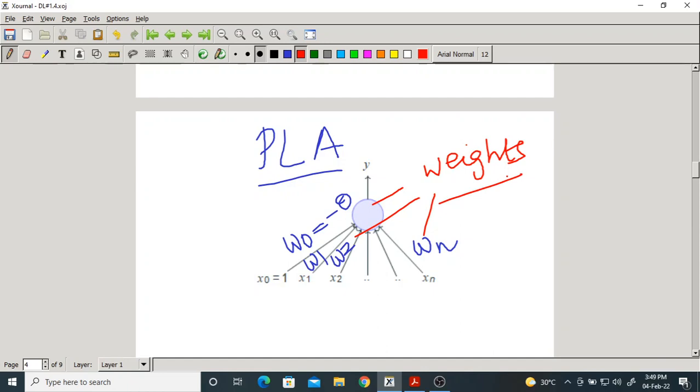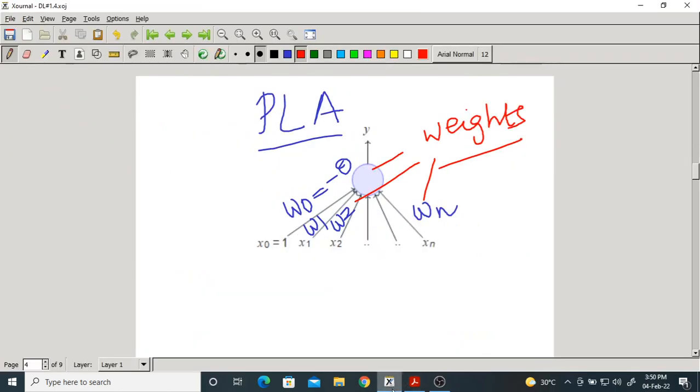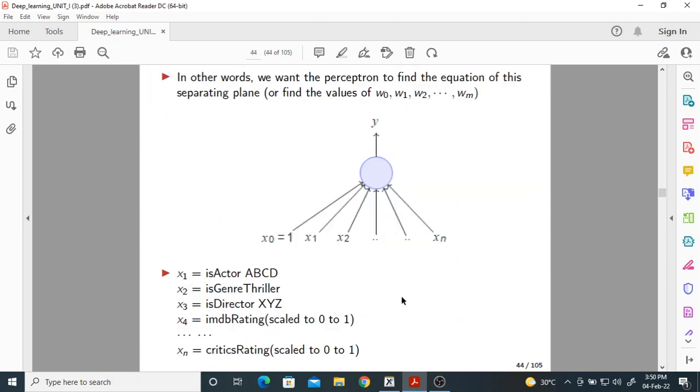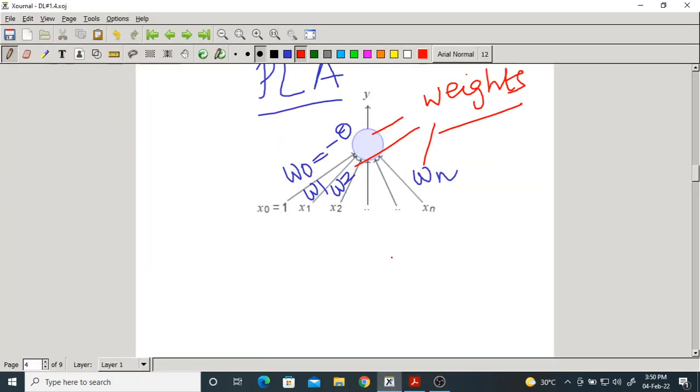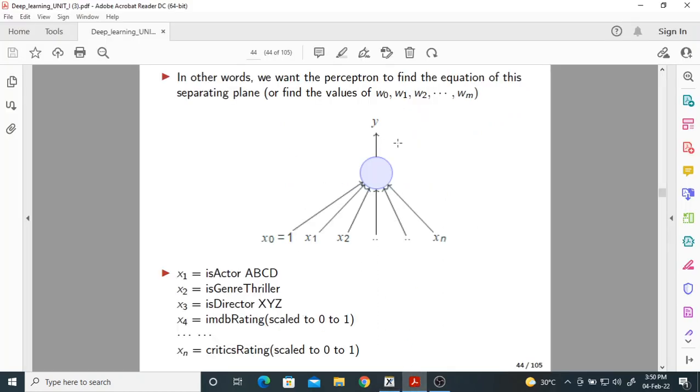Now, let us take a simple movie example. Suppose I want to predict whether I should watch a movie or not.